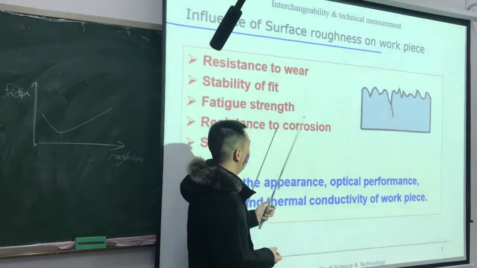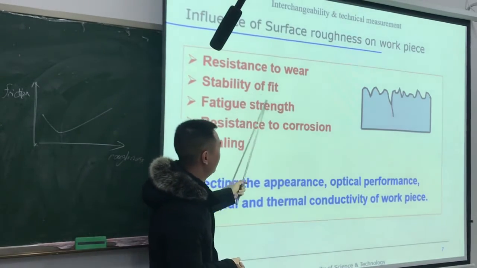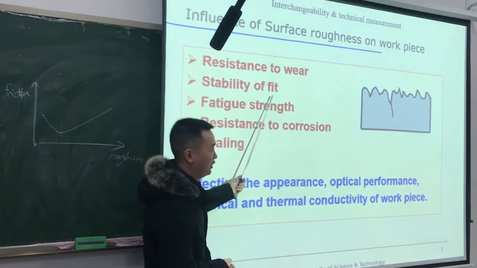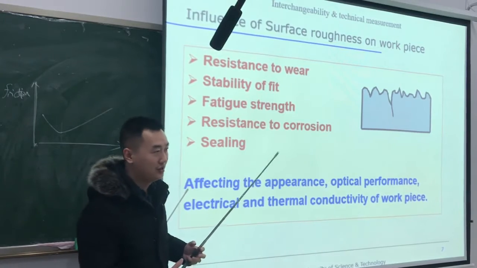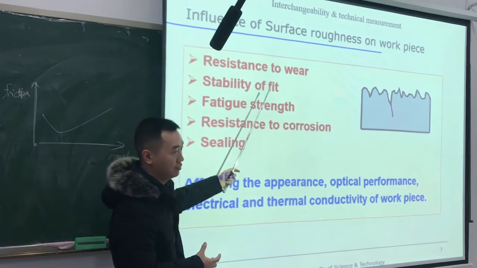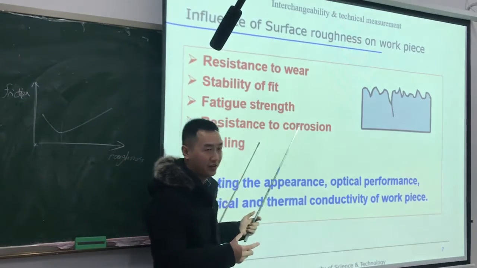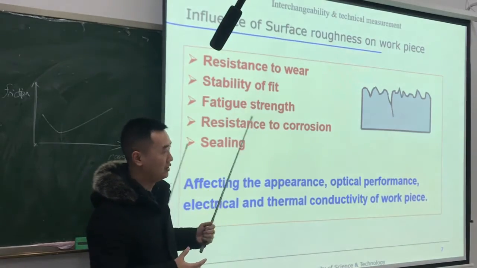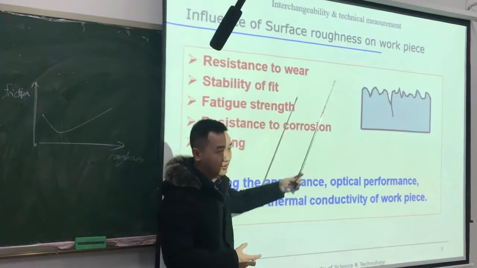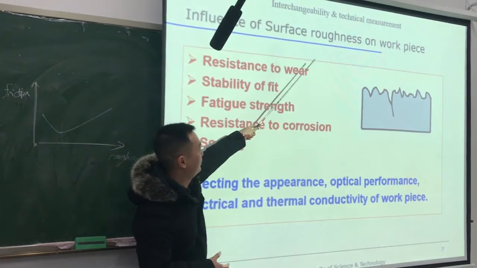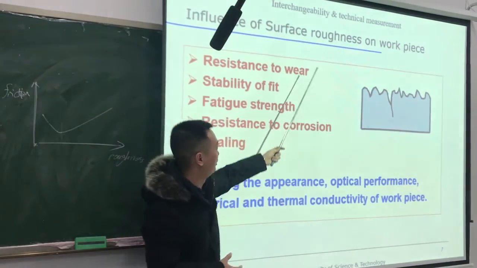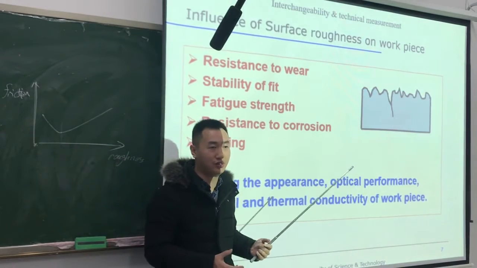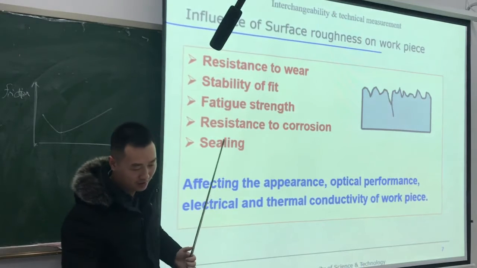So when we consider the fit of workpieces, the roughness will affect the stability of a fit, because at first the tolerance zone is okay and will meet the requirement, but if the roughness value is big, it will wear more easily, and the clearance will increase, so it will affect the stability of the fit.